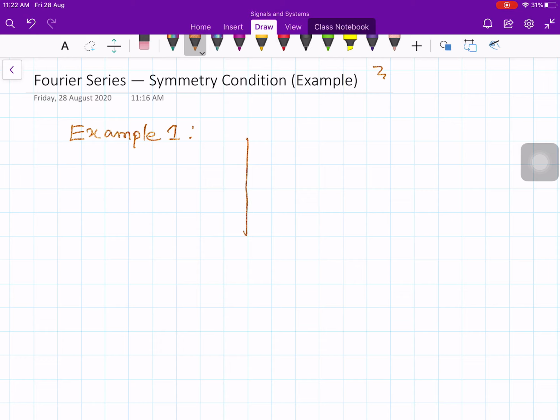So I have a waveform, let's say like this, then again it goes like this, then again it goes like this.